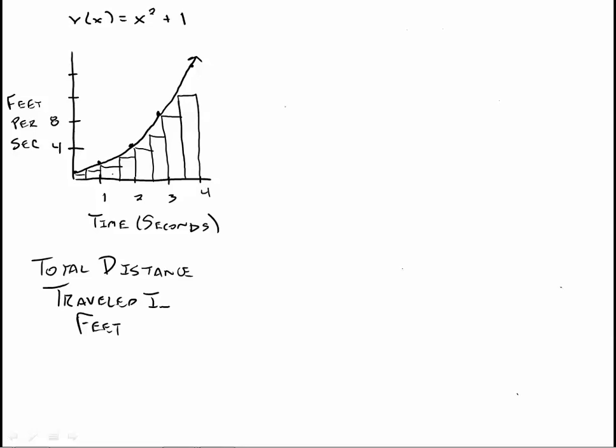So what we're really doing is taking the width of a rectangle and multiplying it by the height of the rectangle and adding that up. Right? There's just a bunch of rectangles whose area we're finding, and then we're adding them up.